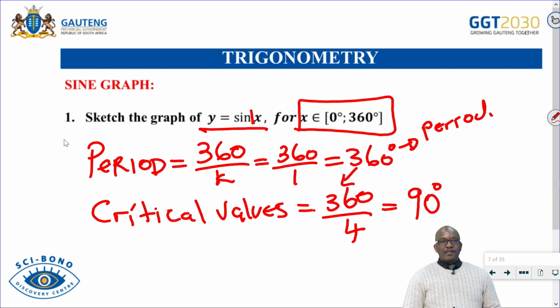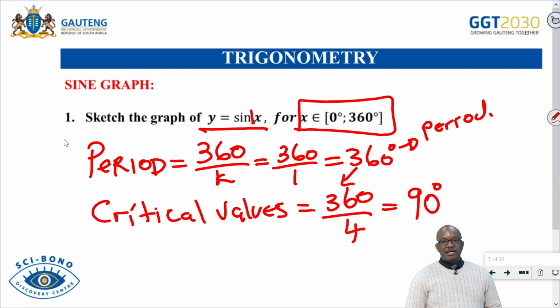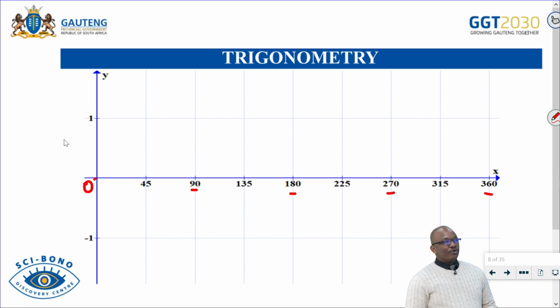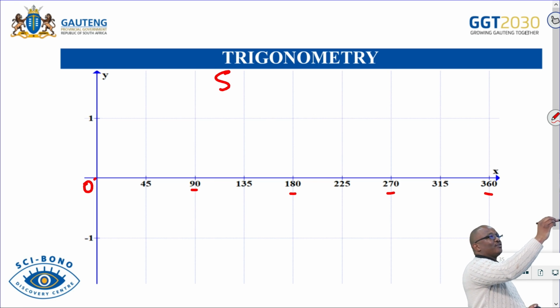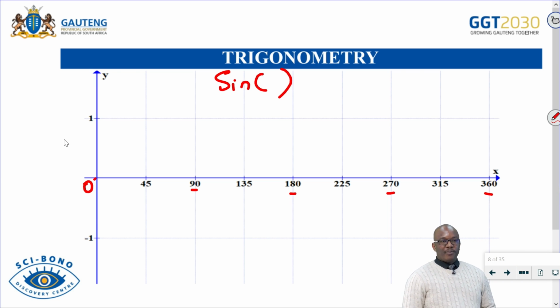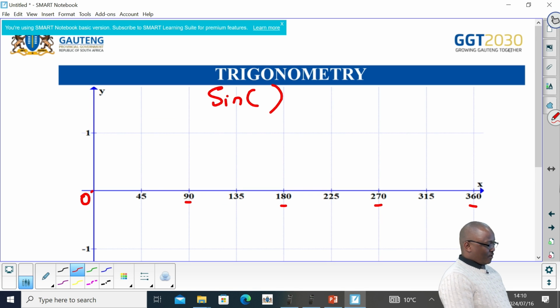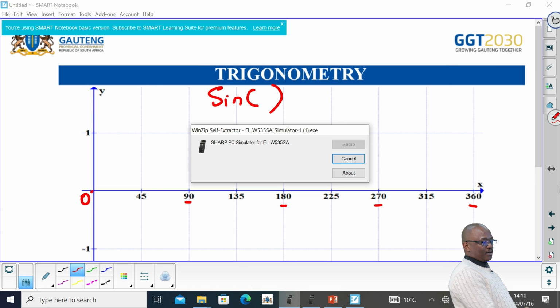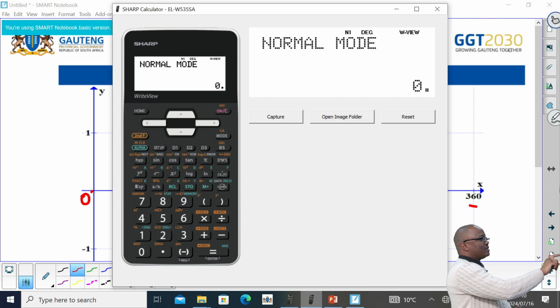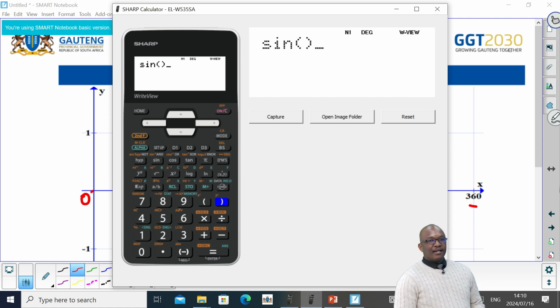So now, how do we then sketch our graph? You will go to your calculator, and in your calculator you must have sine, open bracket. When you're saying sine open bracket, where there is x, that's where now you put the bracket. So now, on our calculator, you will just go and press your sine, and you open the bracket and you close the bracket.